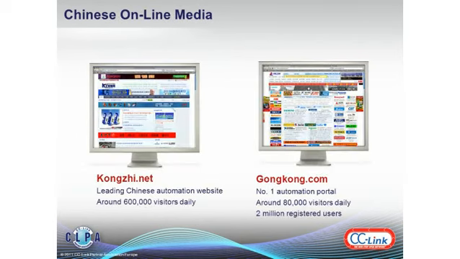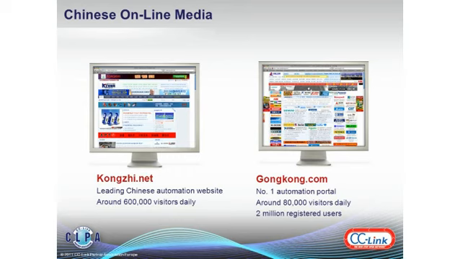As well as the print media, obviously in modern marketing campaigns, the internet plays a crucial role. And for companies who are looking to get on board with our program, we offer 2 different ways of taking advantage of that. In China, there are 2 leading automation and industrial market portals.